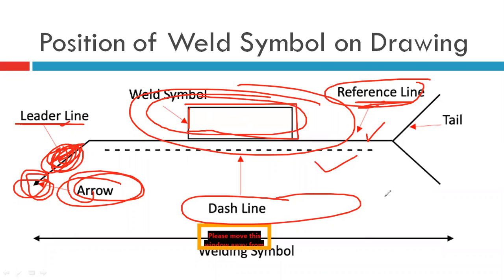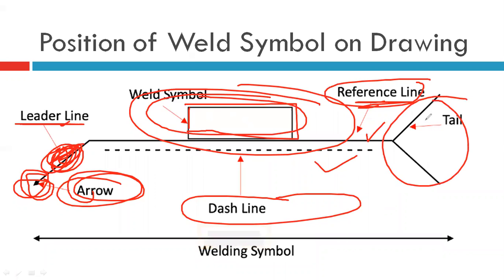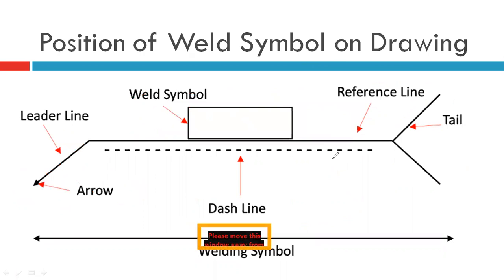Actually, European countries follow this, but in Indian or Asian countries this dashed line is not followed, or it is not common practice. So the welding symbols are shown here, and this is your tail. Maybe it is shown or maybe not, depending on the details. So these are some positions of the weld symbol on a drawing.